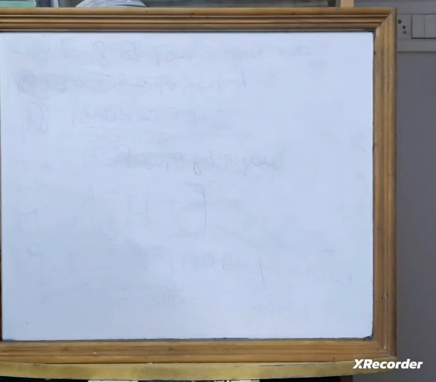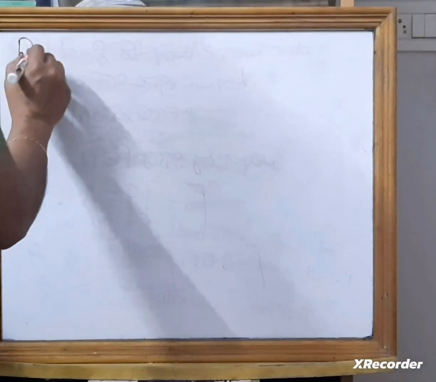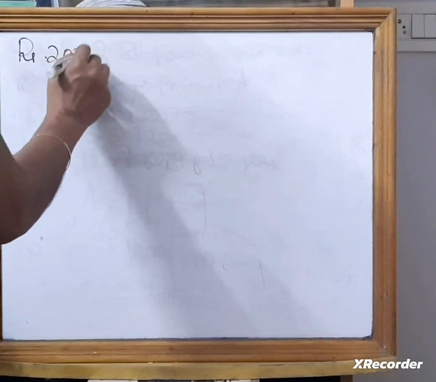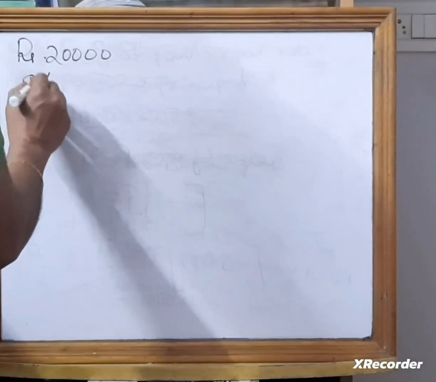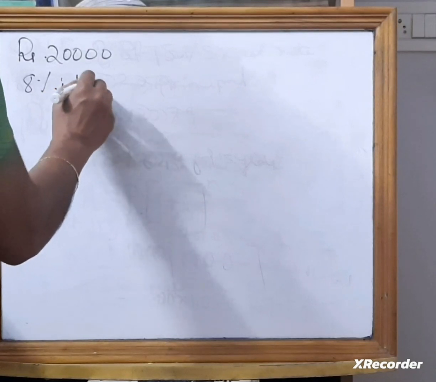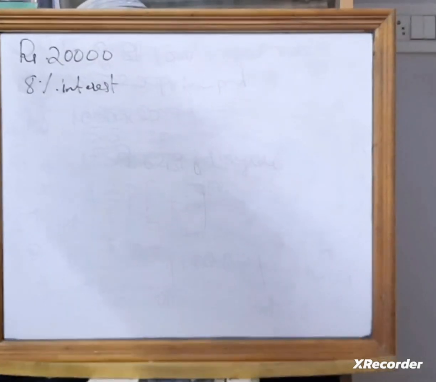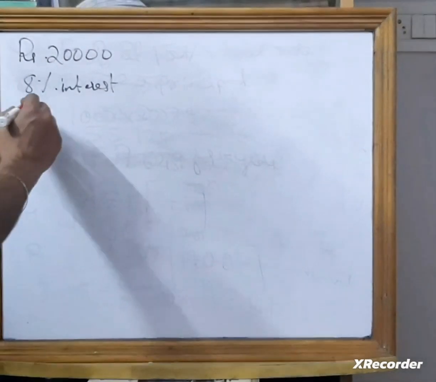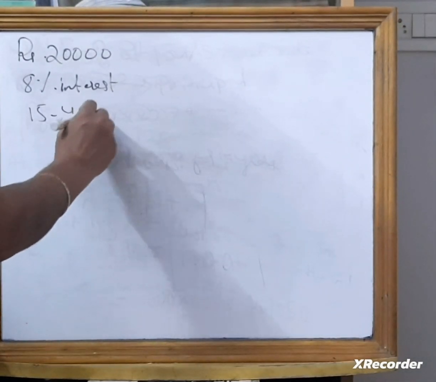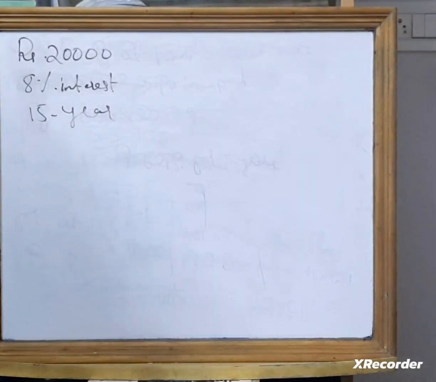Say for example, if an investor deposits rupees 20,000 with a bank today, which is paying interest rate of 8% on a 15-year time deposit.